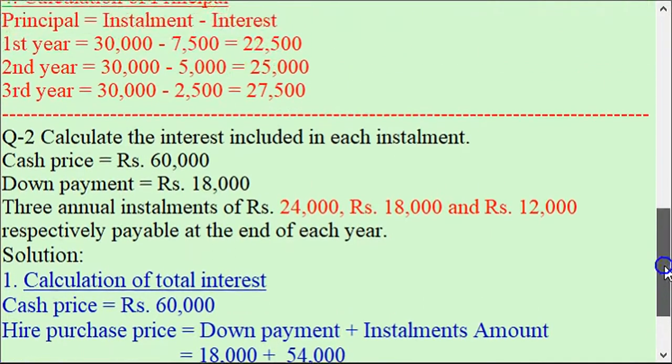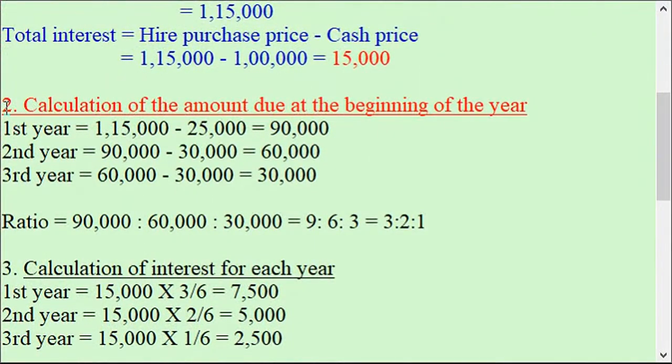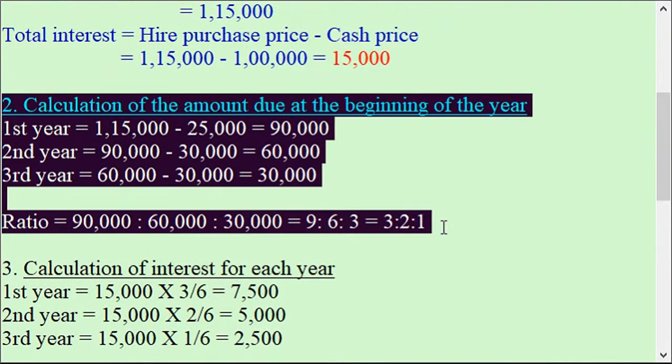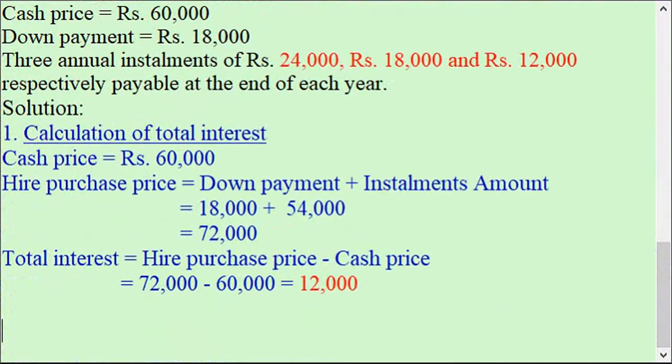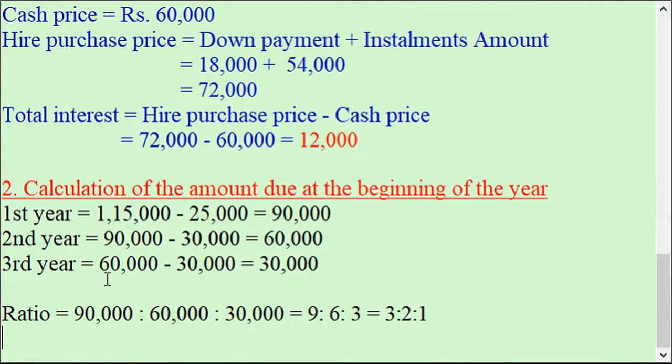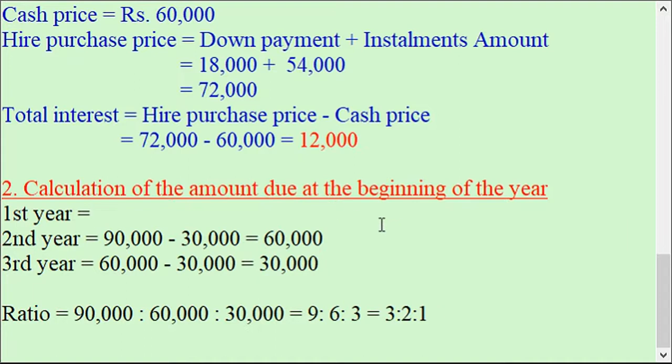Now you need to calculate the amount due at the beginning of every year. Amount due at the beginning of every year. So first year beginning, the hire purchase price was rupees 72,000. I am talking about the beginning of the first year.